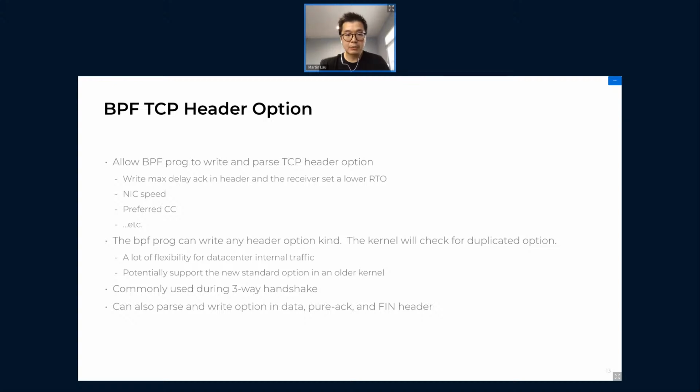By allowing the BPF program to write any option kind, that gives a lot of flexibility for data center internal traffic, because that traffic won't leak out to the proper internet, so they can have better control over what they want to send. And potentially it can support newer standard options in an older kernel. I expect this will be mostly used during the three-way handshake, but it will also work in passing or writing options in data headers, pure ACK headers, or even FIN packet headers.